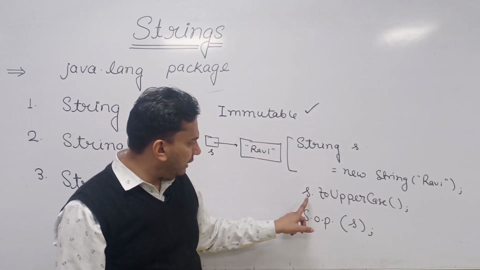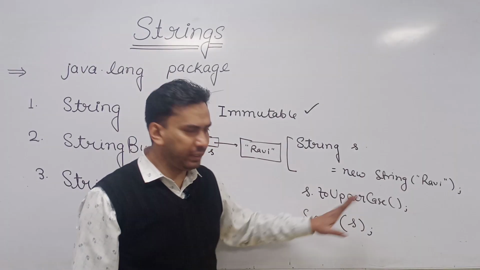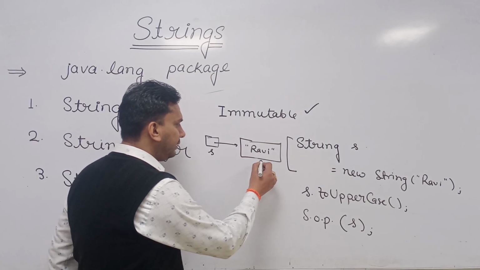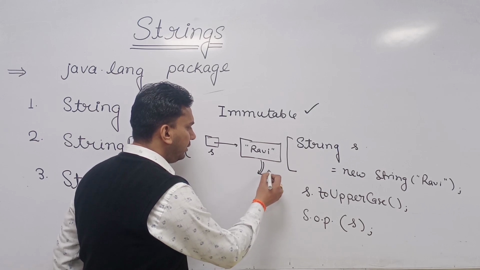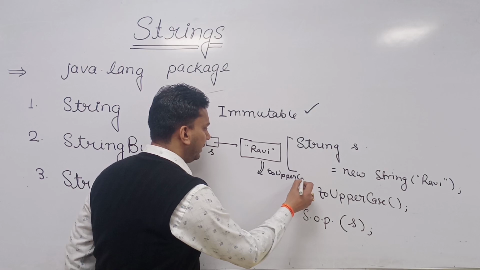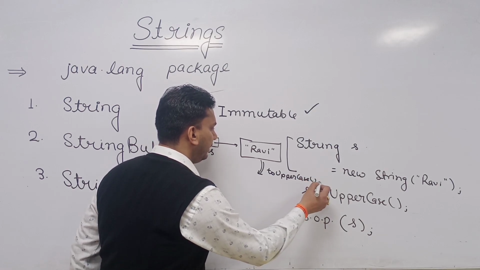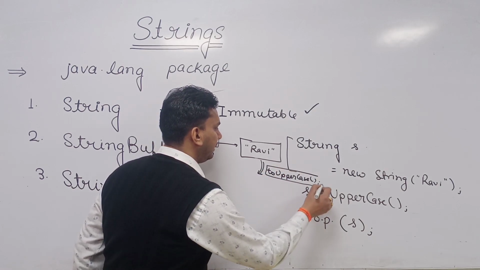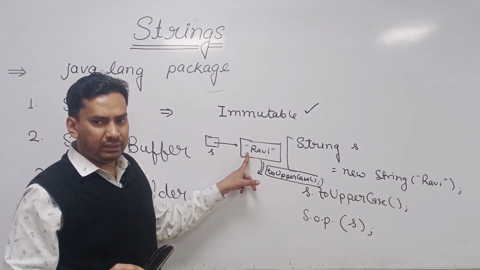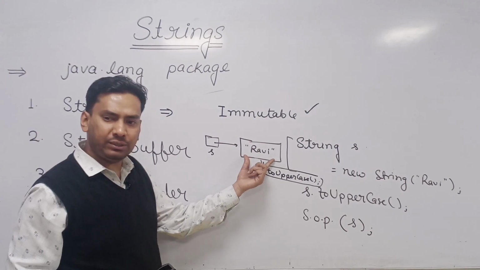So what I am doing here is s.toUppercase. As soon as you call s.toUppercase, what is going to happen? You are trying to change this string to uppercase, but definitely it is not allowed here.